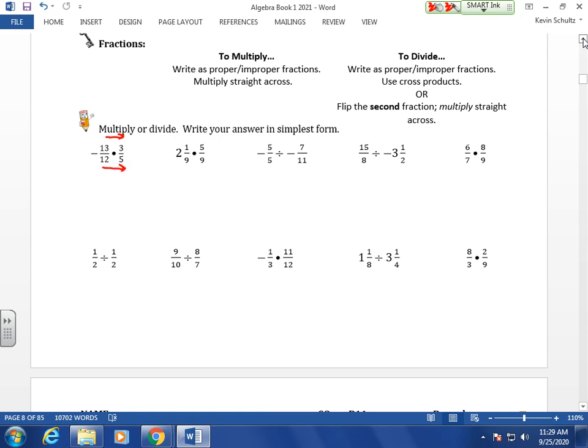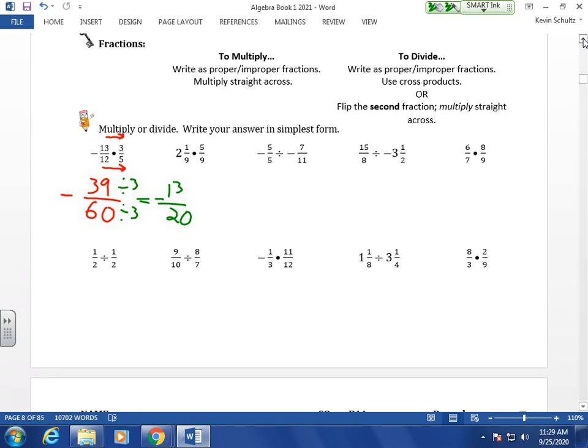So multiply straight across. 13 times 3 is 39. 12 times 5 is 60. And we have a negative times a positive, so our answer is going to be negative. Of course, we have to simplify. Turns out we can divide each of these by 3. And so your final answer is going to be negative 13/20ths.